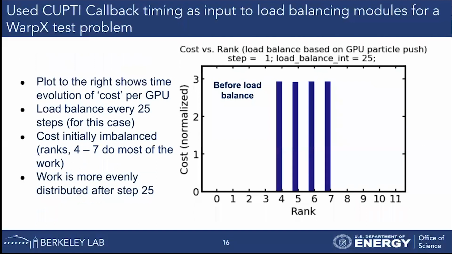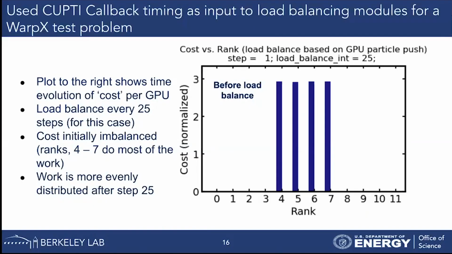So this is another illustration of that initial setup, but it's just showing the cost per rank. And the cost here, since this is run on GPUs, is something like a measurement of the time per rank in some normalized units. Initially you see ranks 4 through 7 are doing all of the work, and the others are not doing anything.